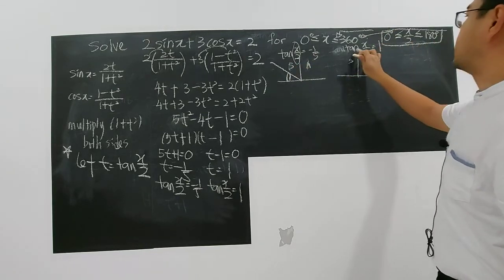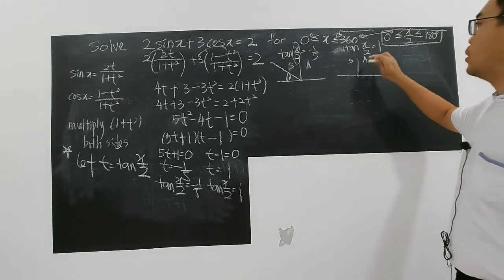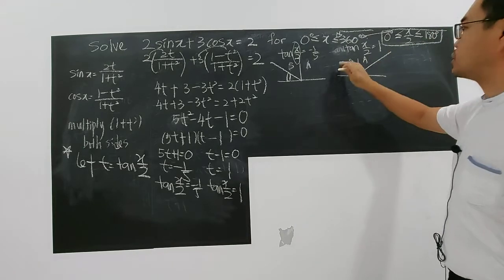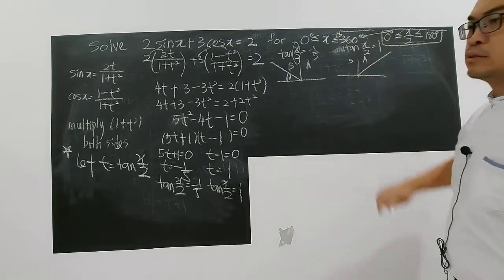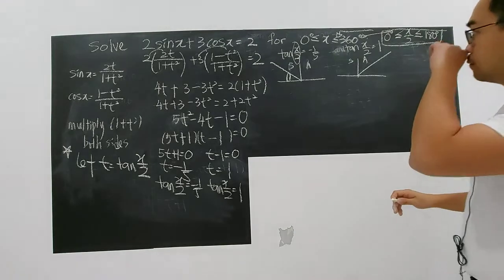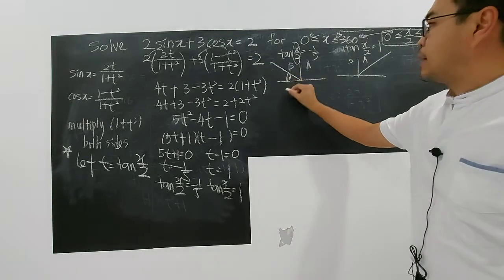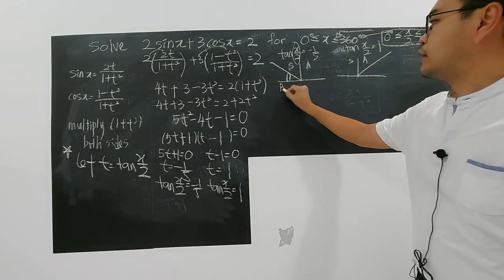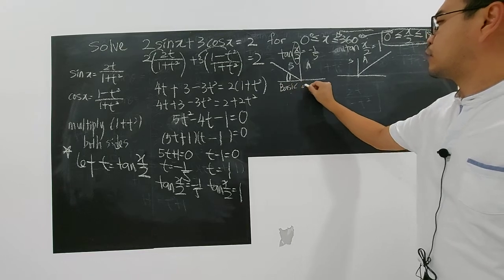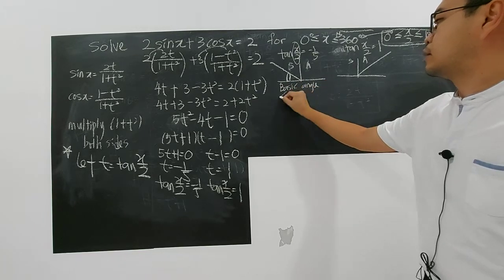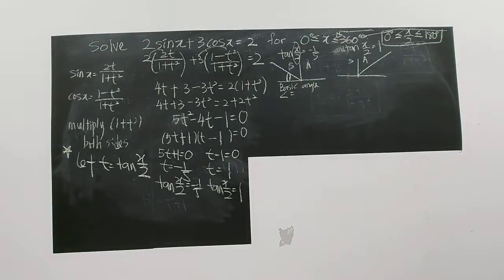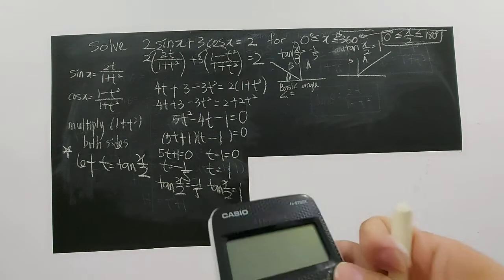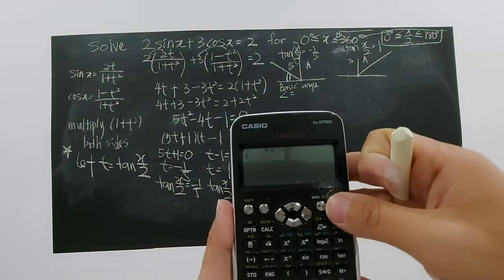So for this, tangent x over 2 equals to 1, of course it must be in the first quadrant, because in the second quadrant tangent is negative. So how to find the basic angle? You need to find the basic angle, and in this case you can use the calculator.